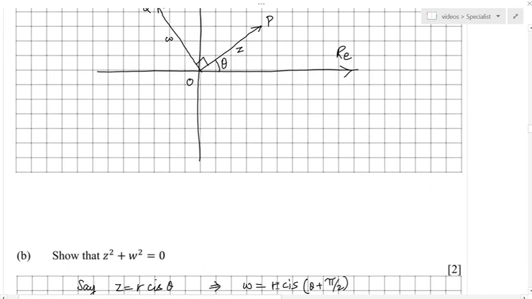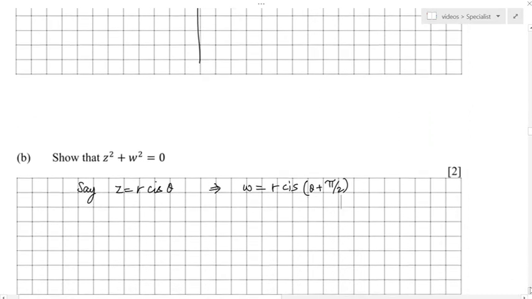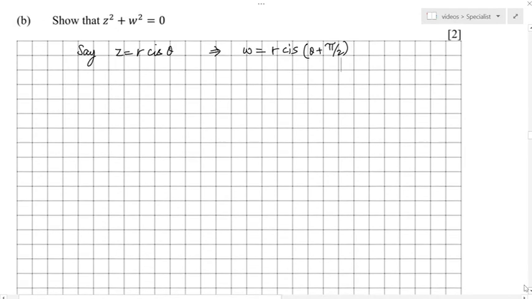Now, once you've got these complex numbers, you're on familiar ground and you should not have any problem to solve it. We have to find a way to prove this. So the left hand side is equal to Z square plus W square.